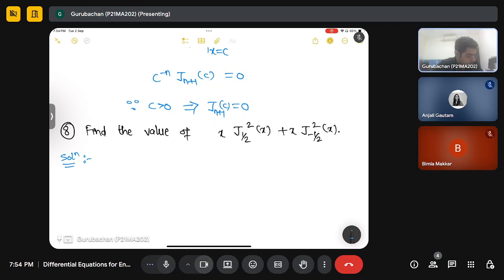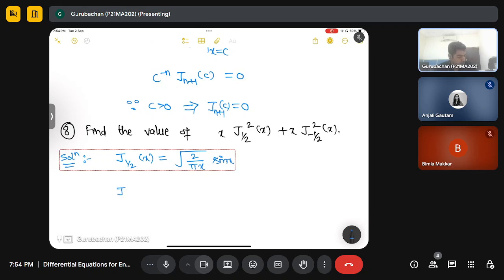So let us discuss this one. We know that J_(1/2)(x) is under root 2 by pi x times sin x. From here, J_(1/2)^2(x) is 2 by pi x sin square x.